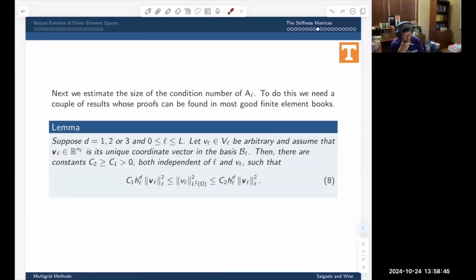Now, we want to nail down the size of the condition number as precisely as we possibly can. To do this, we need some estimates. Now, in chapter 3, we were able to nail down our spectral radius and our condition number very precisely, and that's because we were using a uniform mesh in one space dimension.